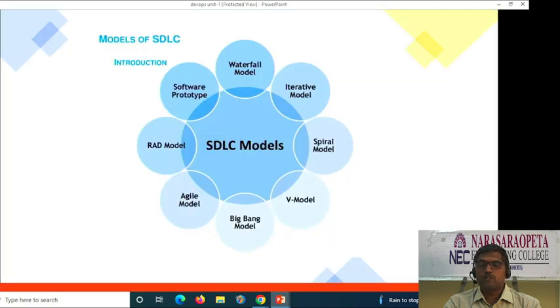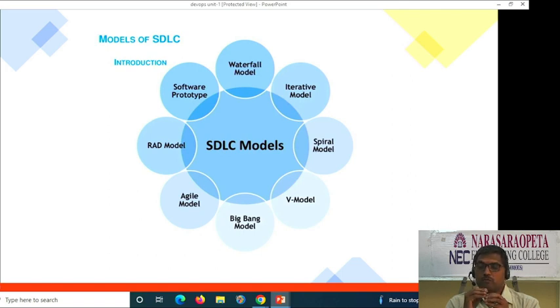Before going to DevOps, these are the basic information in the SDLC phases. Now, taking the SDLC phases into consideration, many models have been developed. Many models are already being used in the software industry, and many software products are developed using these different process models.